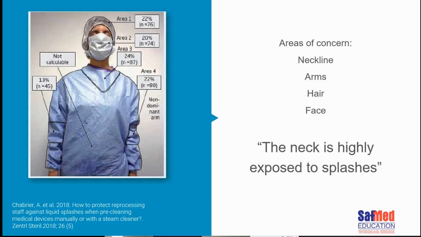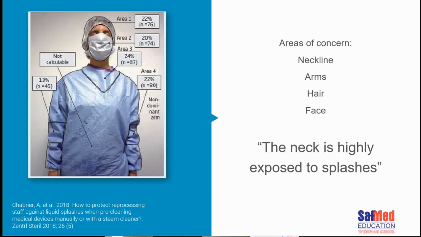As you can see from this, the splashes seem to go pretty well everywhere. They say that the neck is highly exposed to splashes. That's a direct quote. So I guess that's what they view to be risk areas. Areas of concern: the neckline, the arms, the hair, and the face. So that's why it always worries me when we resort to just using aprons.